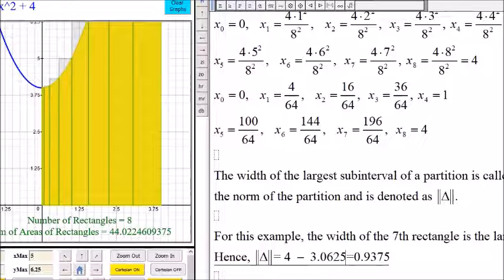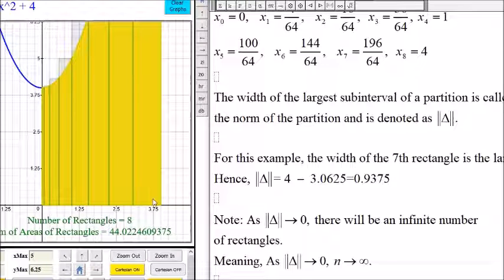And in this case, if we just have 8 rectangles, this would be 4 minus 3.0625. This is 4 and this is x sub 7, which is 3.0625. And that comes out to be 0.9375.